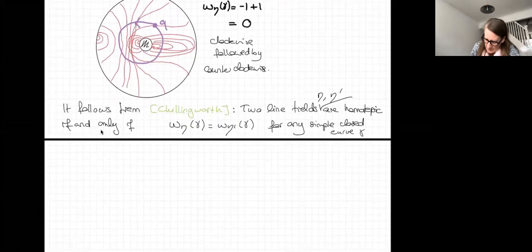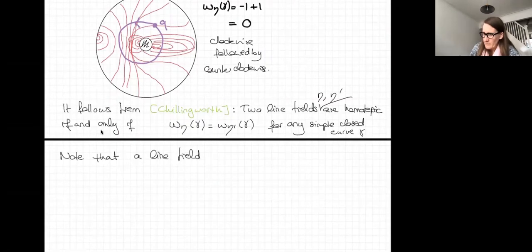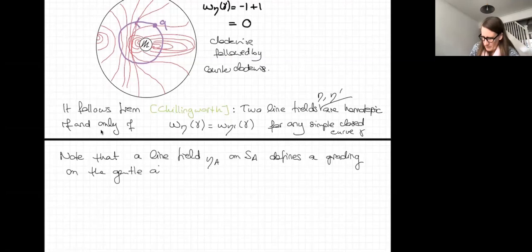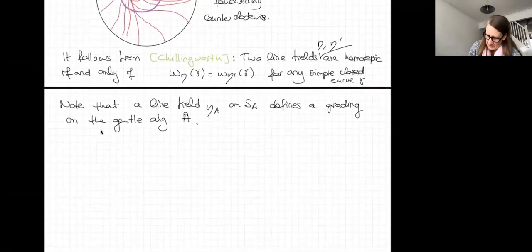Okay, a note, which I think I have already said, but let's state it again. A line field eta on the surface of A, where A is a Genta algebra, defines a grading on the Genta algebra A. With Claire Amiot and Pierre-Guy Plamondon, we looked at Genta algebras that are ungraded, so in some sense they have a 0 grading.